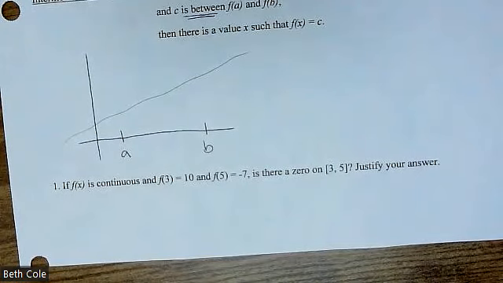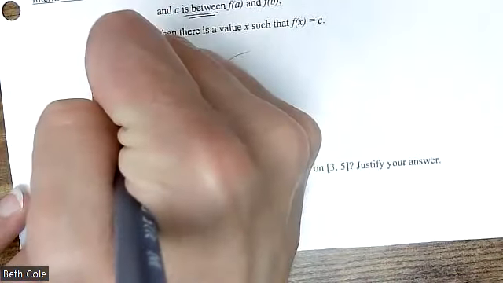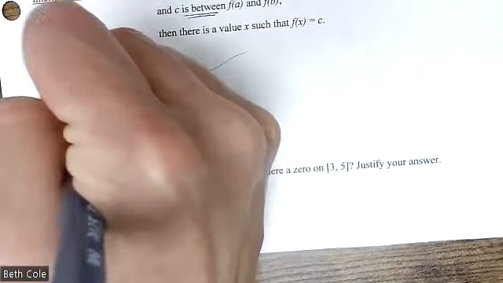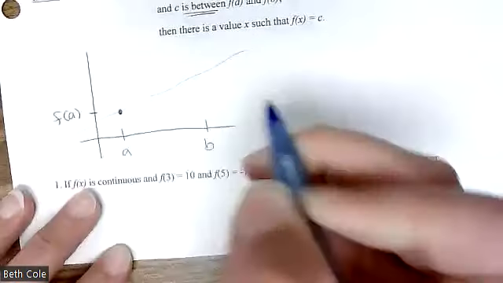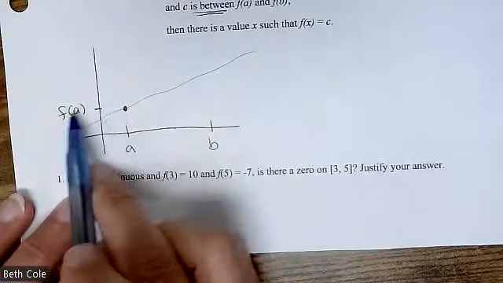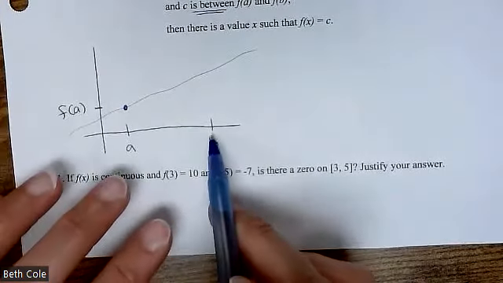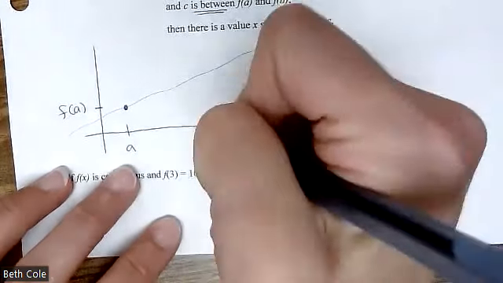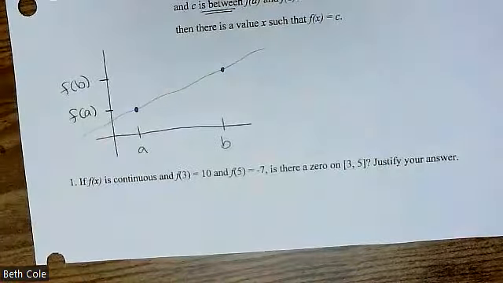There's A, there's B. This point on the graph, the output would be f of A. And then for B, when you find that on the graph, that output is f of B. So you have those 2 points, A, f of A, B, f of B.